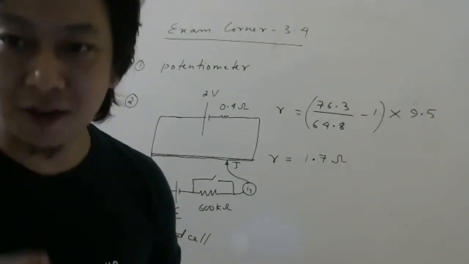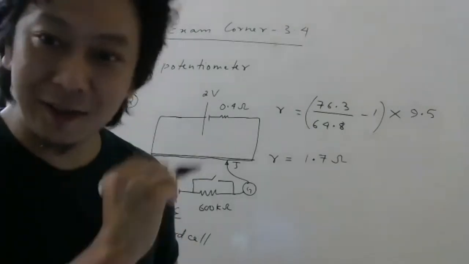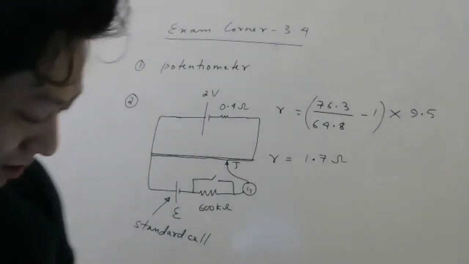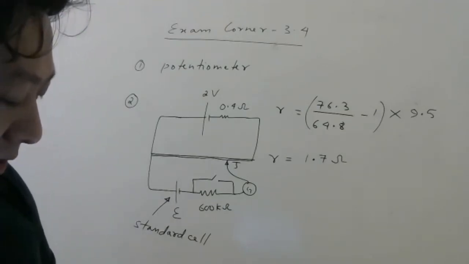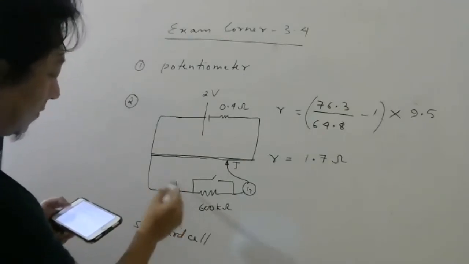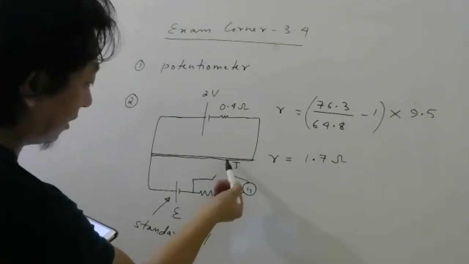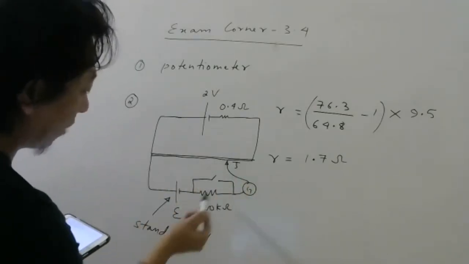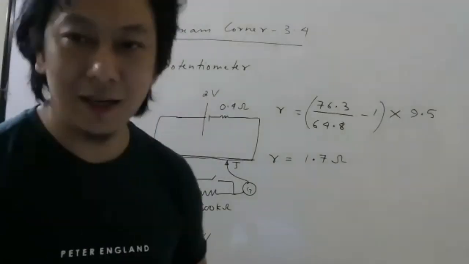So to ensure small current when you are not at the balance point. Part C, is the balance point affected by the internal resistance of this? The answer is no, because when the balance point is achieved, no current flows. So whatever resistance is here, internal, external, it doesn't matter.